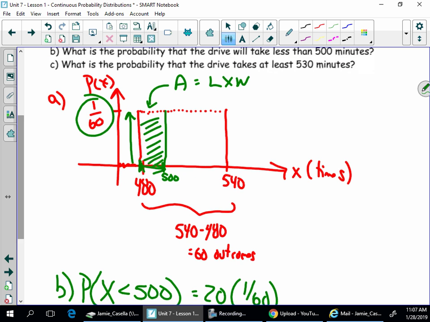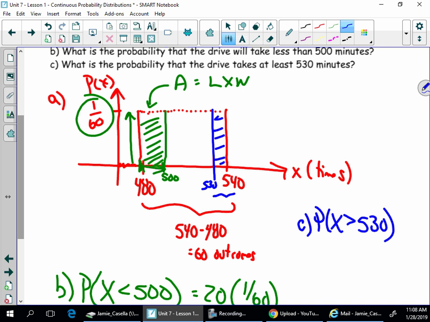What about at least 530 minutes? On my diagram, 530 would be about there. I want that section. At least 530, so I'm saying greater than 530. I got a rectangle again, and I know that there are 10 different outcomes, each of which has a 1 out of 60 chance.